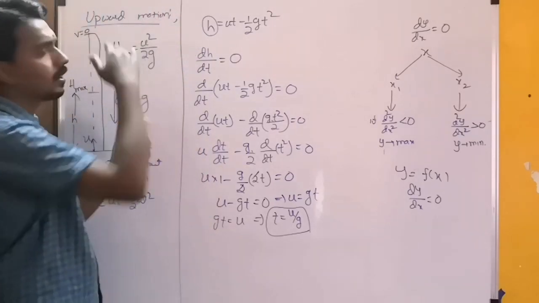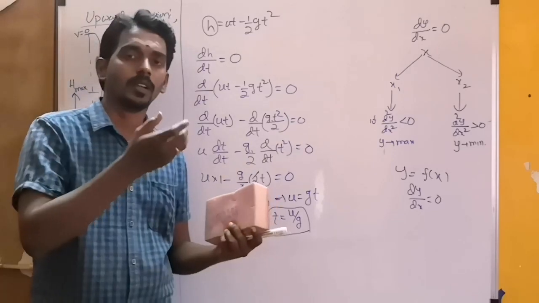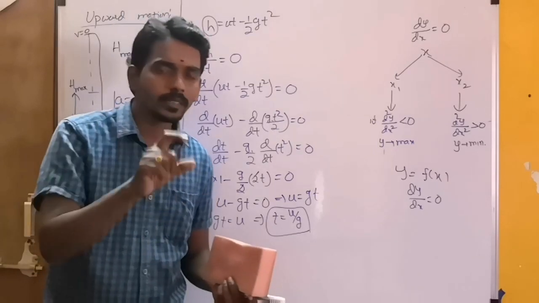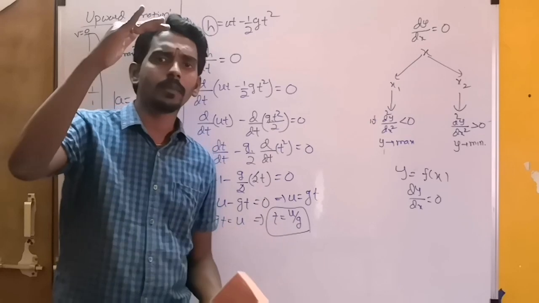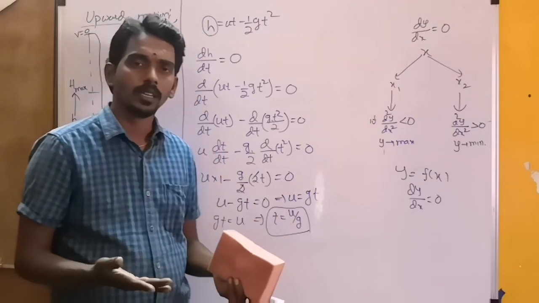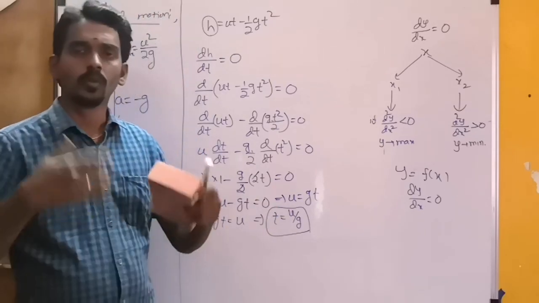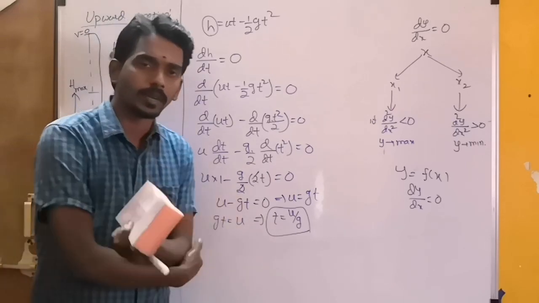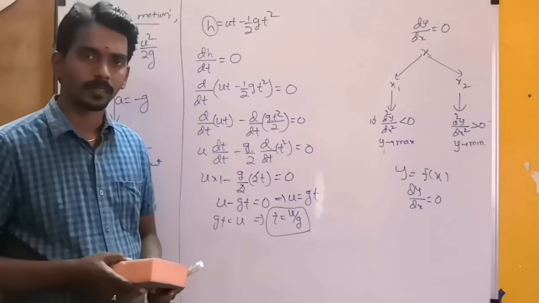But the question itself is saying, when you throw a particle upward, what is the maximum height reached? So what are they mentioning? Height. What height? Maximum height. So t equal to u by g will give you what value? Maximum height. So no need of double differentiation. I mean second order differentiation is not needed. Directly you can do it.